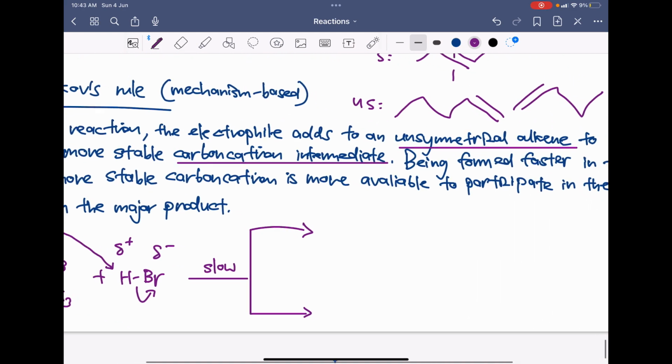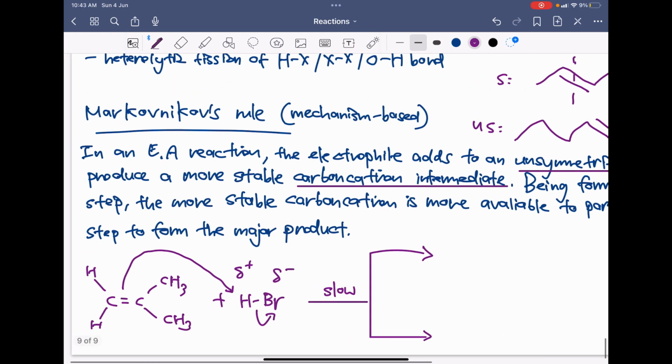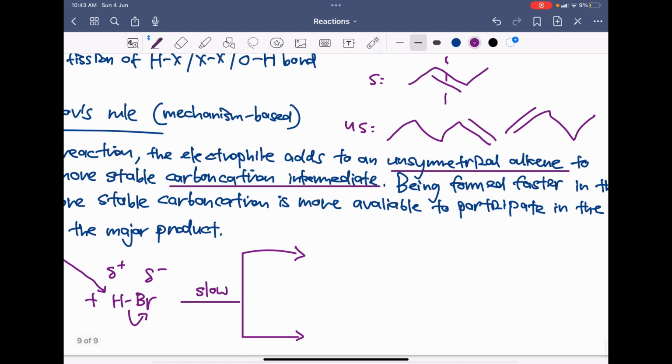Now, there are two different products that you can form. There are two different carbocations that you can form because it is an unsymmetrical alkene.